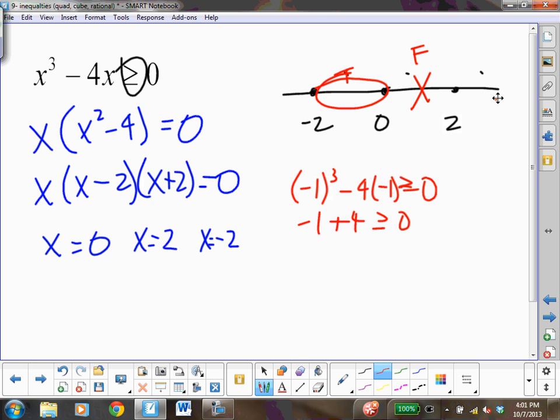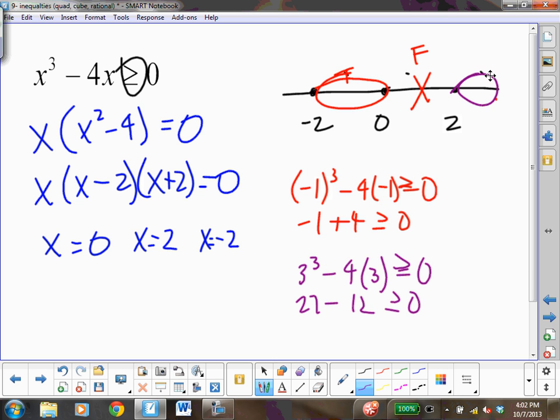Now I just need to test the outer intervals, and I just have to pick a number that's bigger than 2. How about 3? So 3 cubed minus 4 times 3 is greater than or equal to 0. So 3 cubed is 27 minus 12. I know that that's greater than 0. So this is also going to be a true interval, or a solution to my answer.